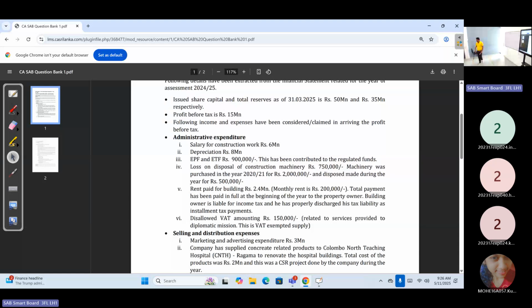So 21, 22. Okay, depreciation basis, they are divided by the remaining period.